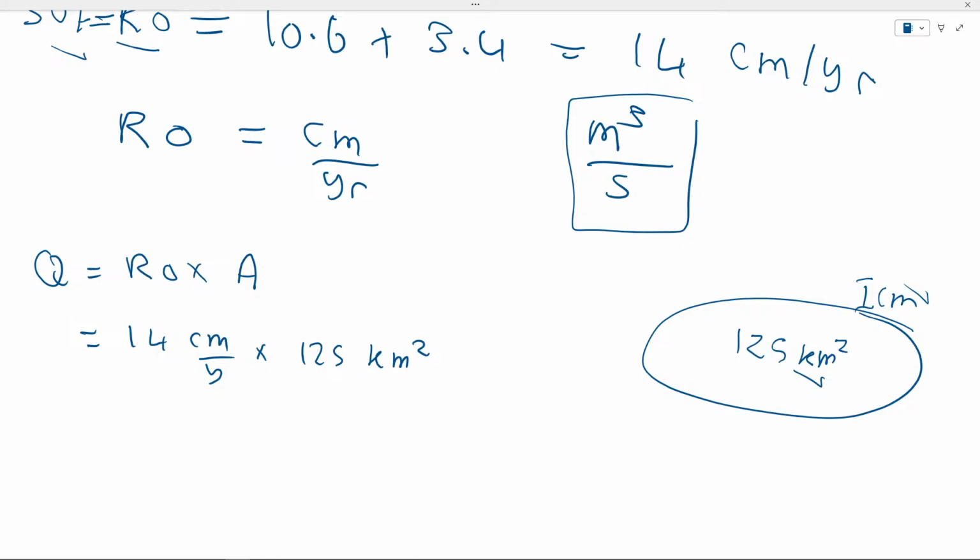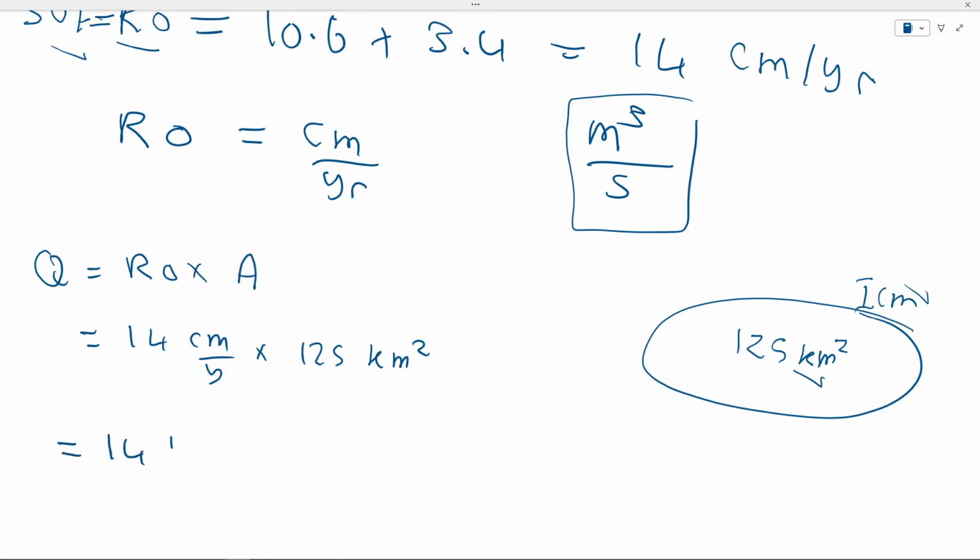But we cannot multiply this anyway, because this is in centimeter and this is in kilometer. We want the final answer in meter, not kilometer, and in second, not in year. That's easy. Let's do it.